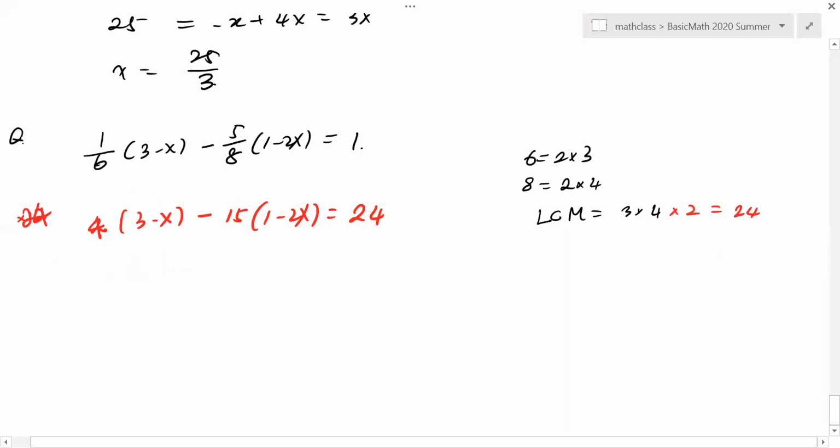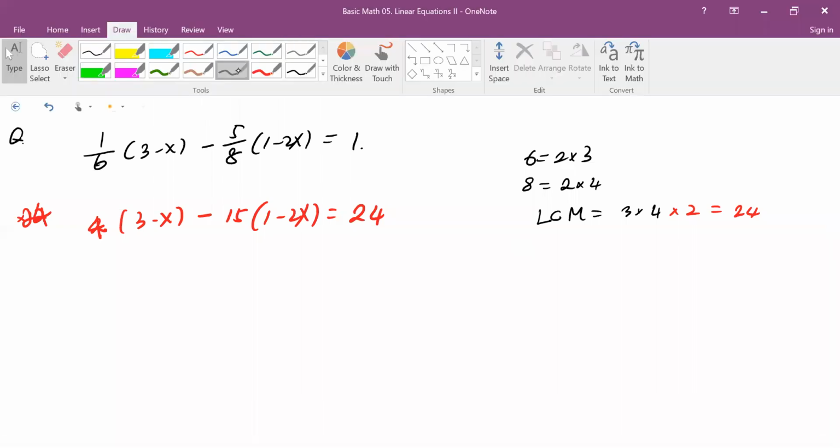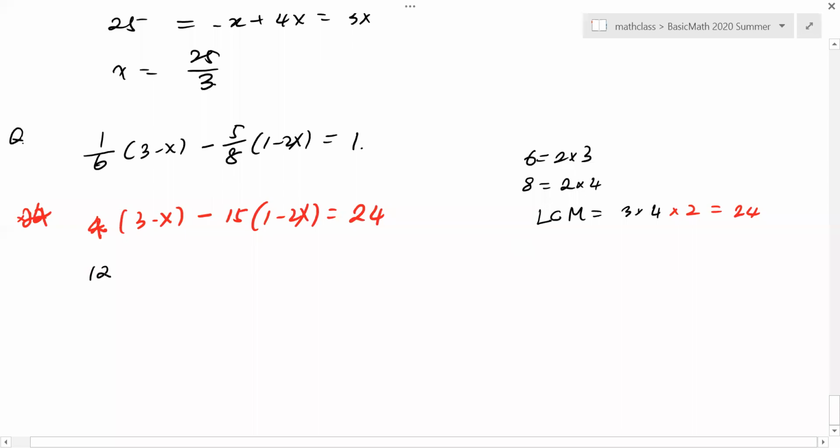Then you multiply this out. All of them are integers. It's 12 minus 4x, 15 here, plus 15 times 2 is 30, right?